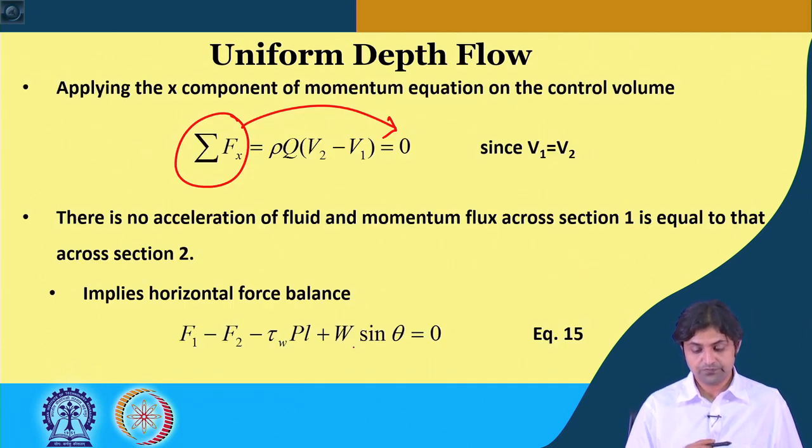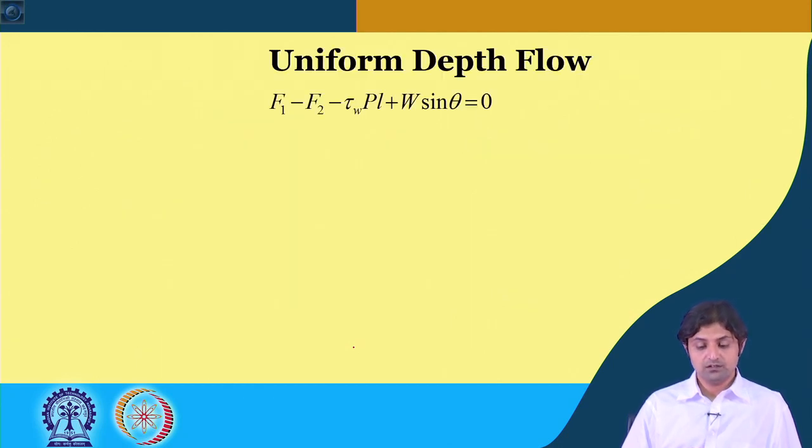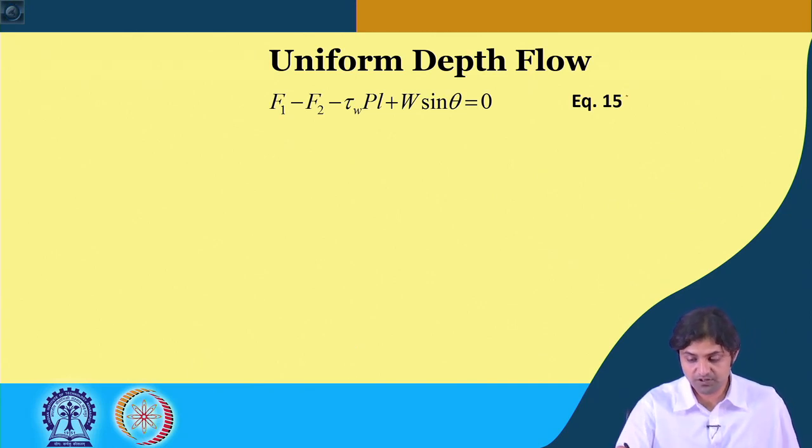This is the equation. Now, we need to know what F1, F2 and the other parameters are. So, again rewriting the equation: F1 minus F2 minus tau w P L plus W sin theta equals 0, and this is equation number 15.